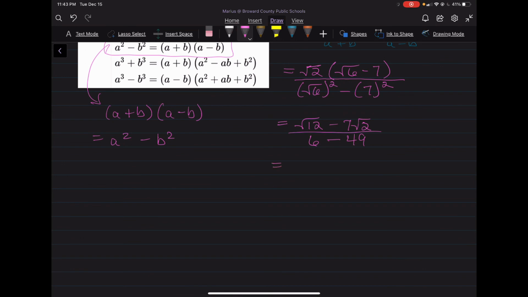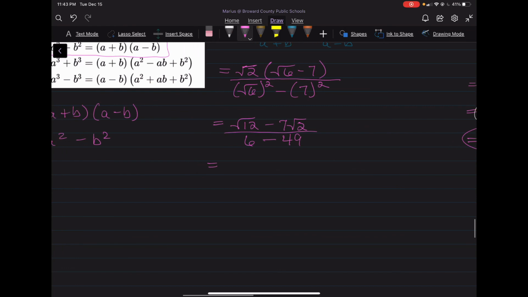Now when we continue to simplify, the square root of 12 can be simplified. Let me just come over here real quick. Square root of 12, we can factor that to say the square root of 4 times the square root of 3, which is going to be 2 square root 3.